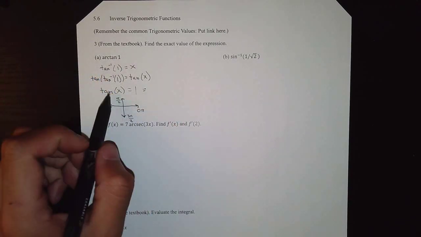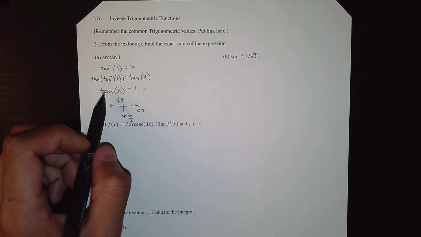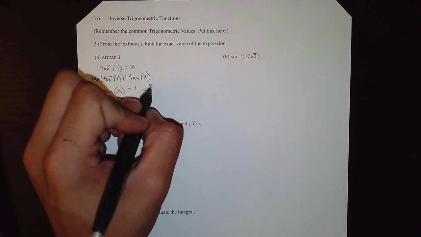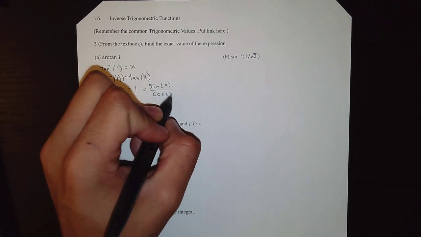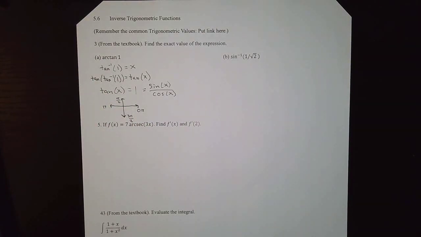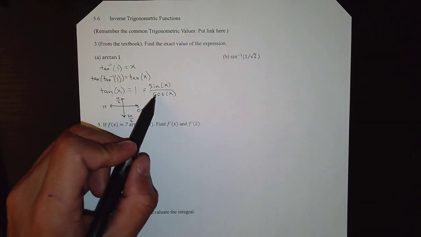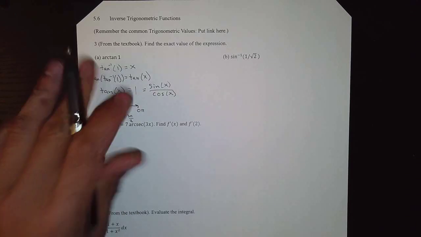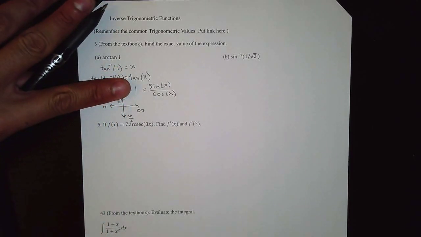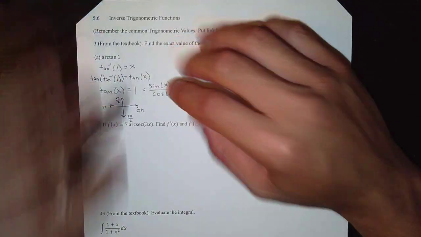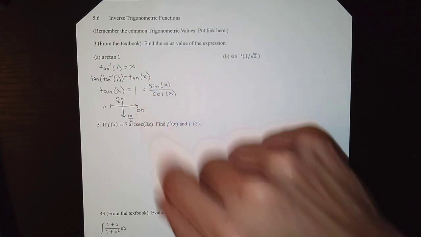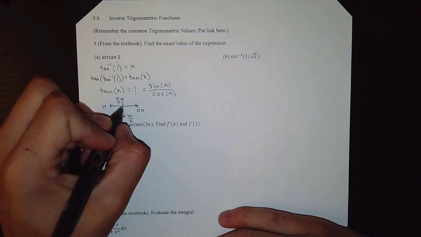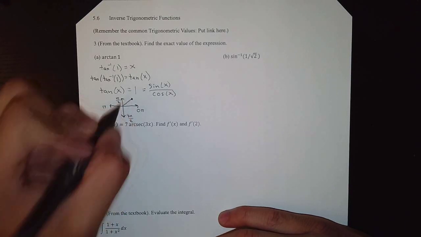We also can rewrite tangent in terms of sine and cosine, and so we have sine of x divided by cosine of x. So we're trying to find when these two values are equal, because if we just ignore the tangent now and focus on this portion, we can say that sine of x is equal to cosine of x. Well, that's only true at 45 degrees right here.